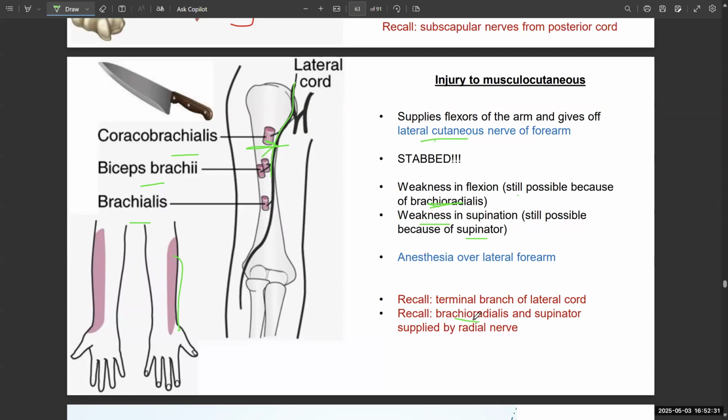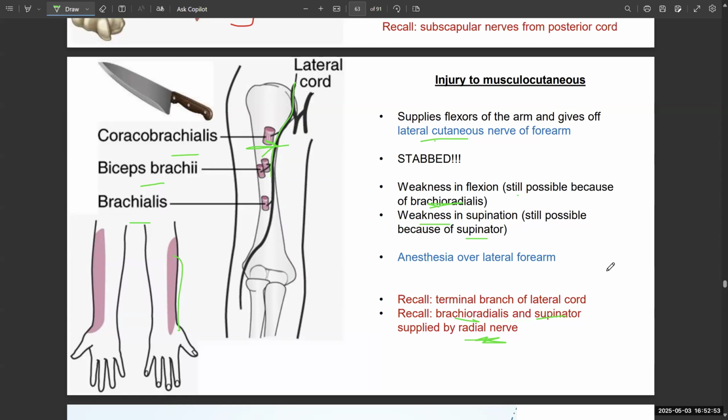Recall that the brachioradialis and the supinator are both supplied by the radial nerve. Okay, so most of you are already starting to think, wait a second, radial nerve? We'll come back to that. So again, injury to musculocutaneous: weakness in flexion, weakness in supination, and also anesthesia over the lateral forearm.